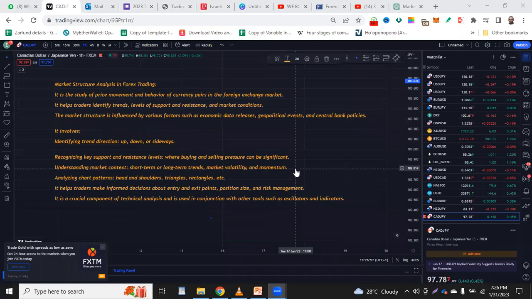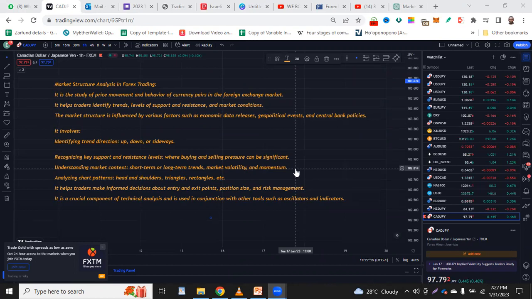So that movement in the market gives you an idea of the direction of volatility and momentum currently. And that momentum may last for a couple of hours, or a day, or some time before it starts to reverse again.